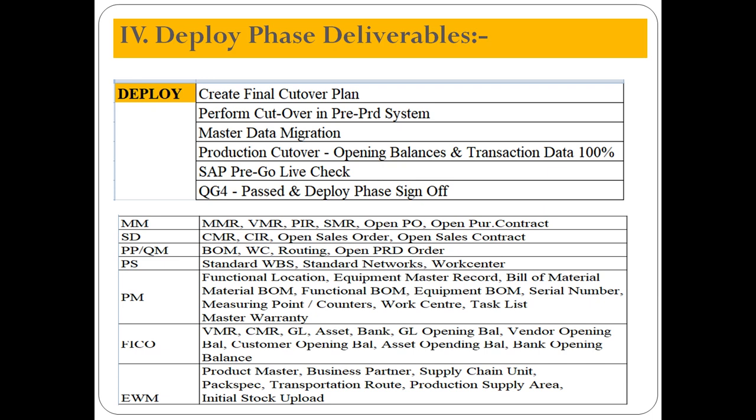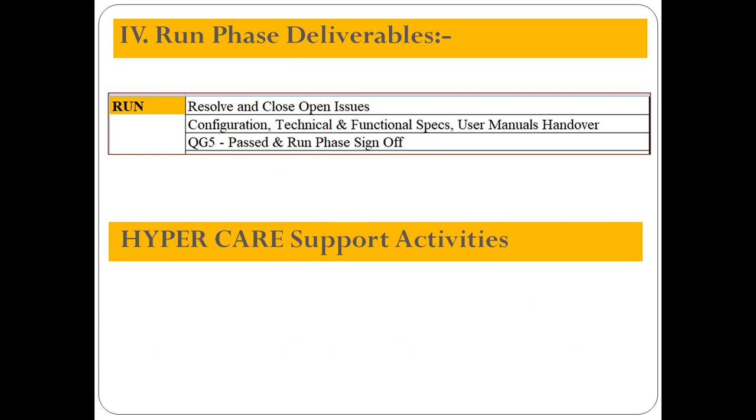Next we are going to go for the run phase. This run phase is actually more important. Till now, as consultants, we identified the business requirements. We talked about the as-is document and discussed BPML. Based on the BPML, we prepared the business blueprint. Based on the business blueprint, we prepared the KDS. Based on the KDS, we configured.